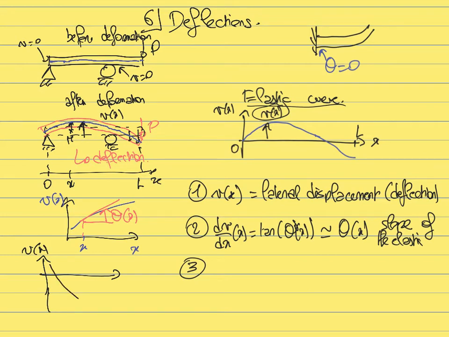So for example, in this case, that would be an example of a beam that has a positive curvature, a beam that becomes concave. A beam that becomes convex. Then the question is, how do we characterize how much concave or how much convex the beam becomes?